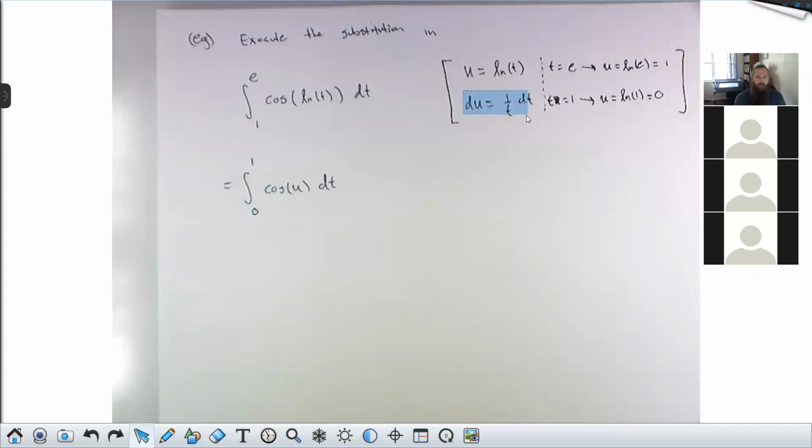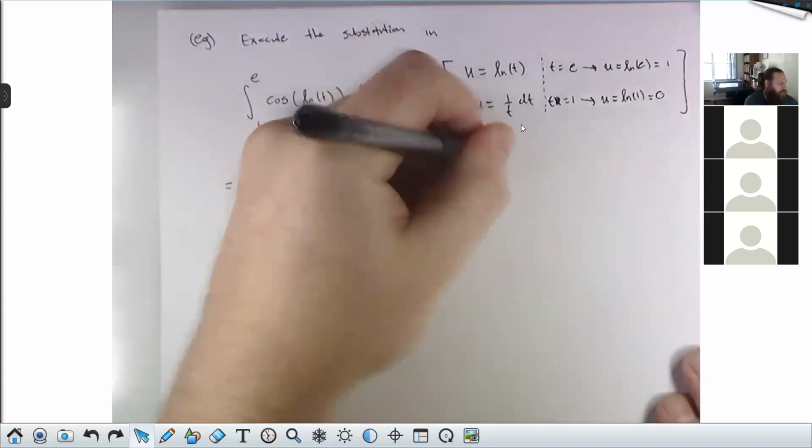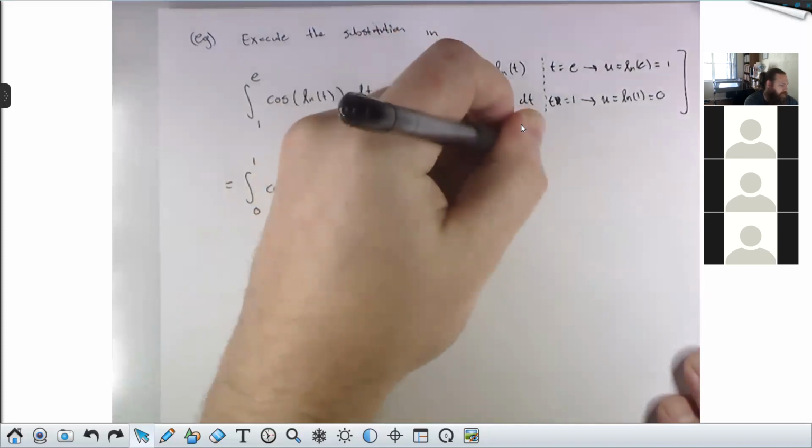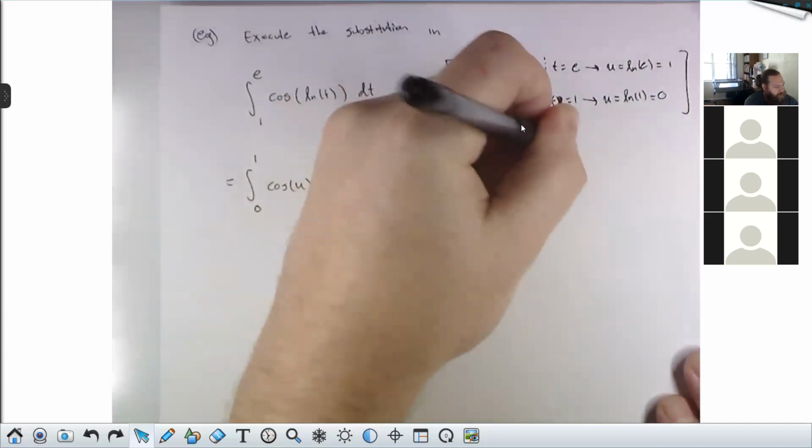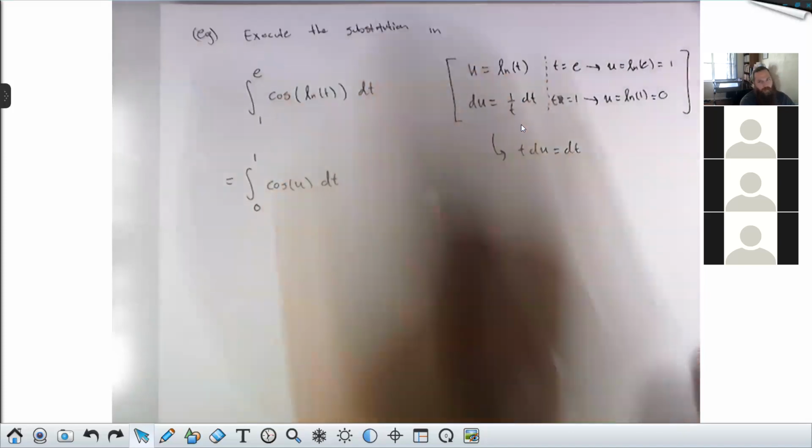It's got to have something to do with this, yeah? I need to get rid of all the t stuff. I still have this dt. So what was the recommendation? Sub dt for du. Yeah, I can solve this for dt. This means t times du is equal to dt, just like it was in the last one.